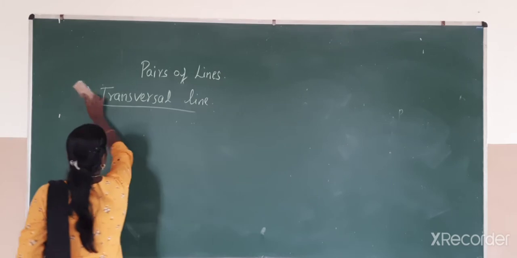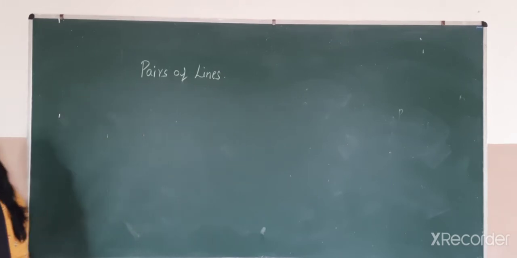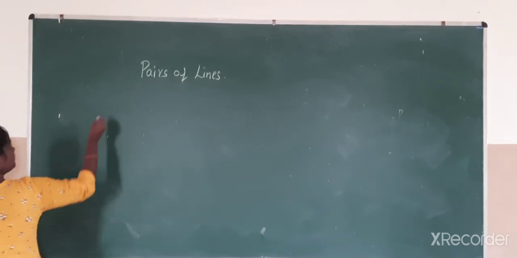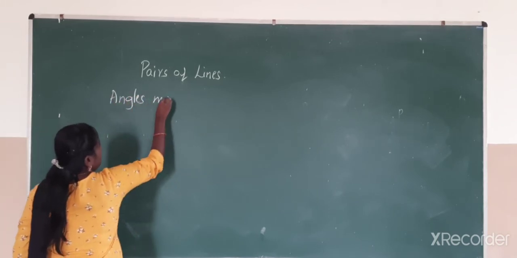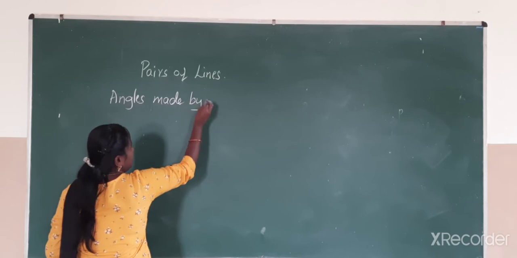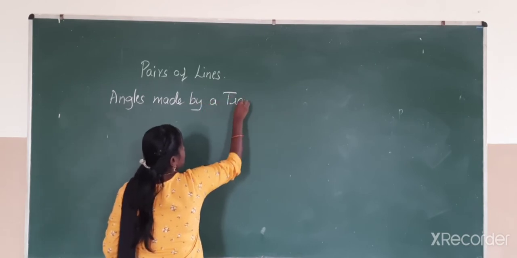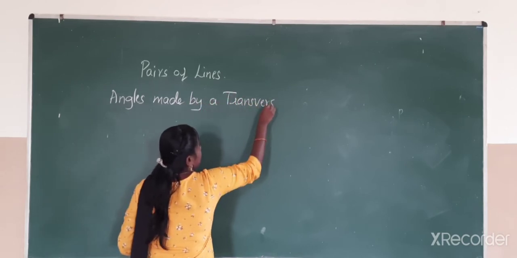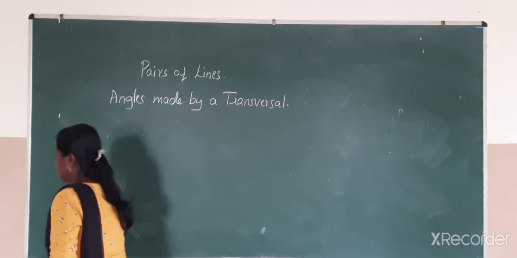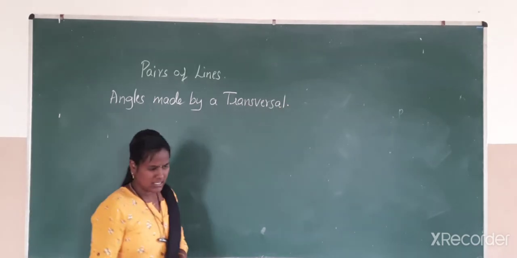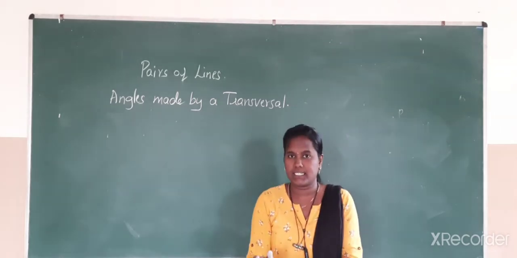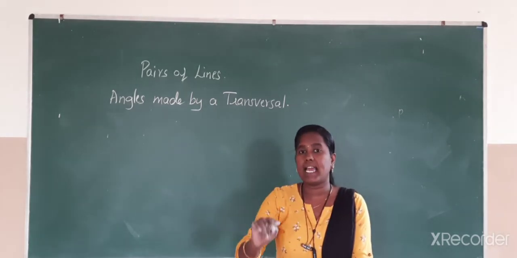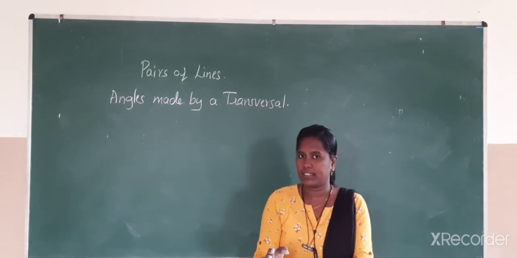So now, let us go for the angles made by a transversal. We have understood what a transversal line is, isn't it? It is intersecting 2 or more lines at a distinct point.